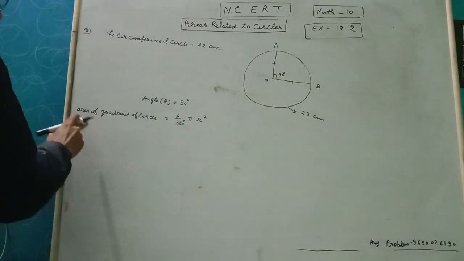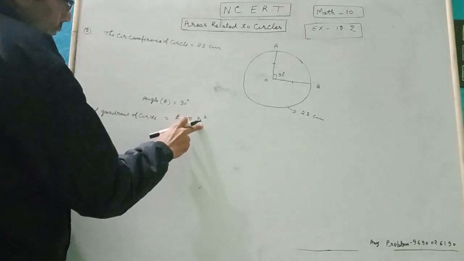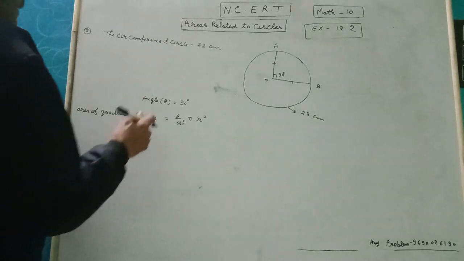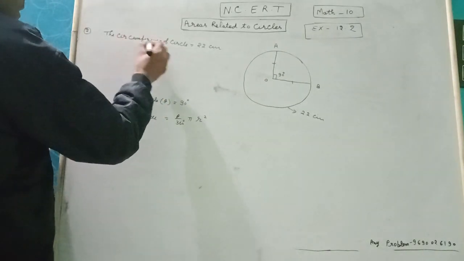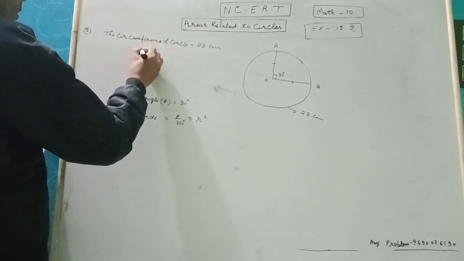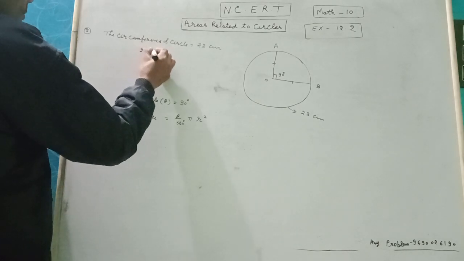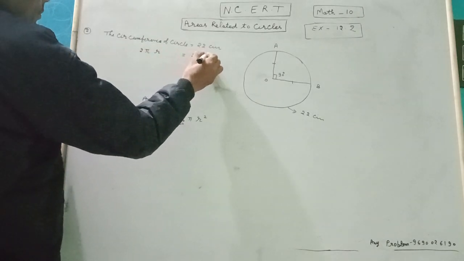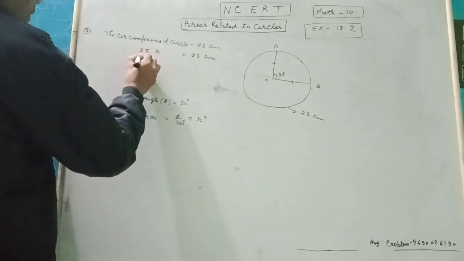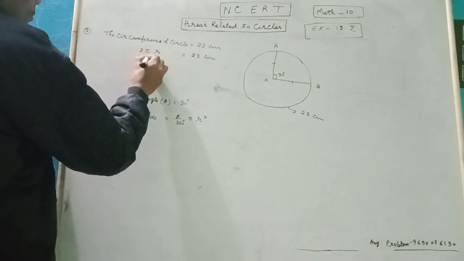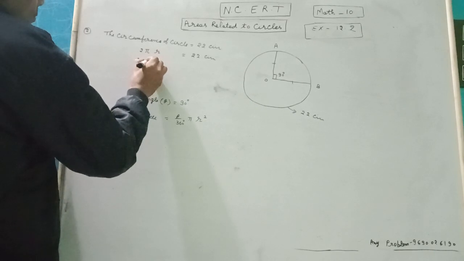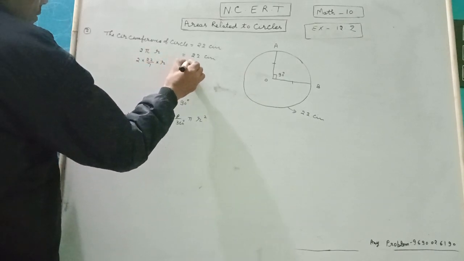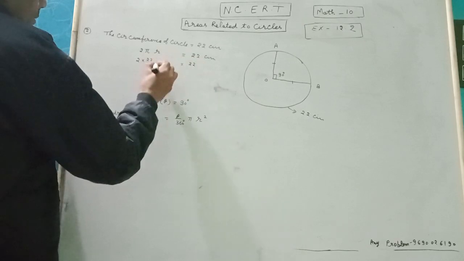To find the area of the quadrant, at first we find the value of r. R means radius. Circumference is equal to 2 pi r, the formula, is 22 cm. 2 into the pi value 22 upon 7 into r is equal to 22.